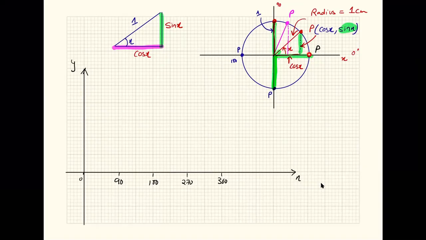Why? The radius. That's right. Because the radius is 1. Very good. So this graph starts from 1. So I'm going to mark a point over here that at an angle of 0 degree, the cos x function has a value of 1 to start off with.